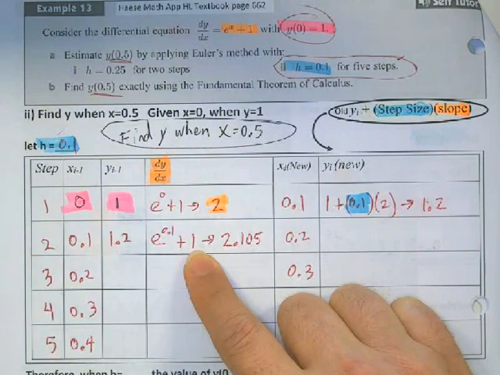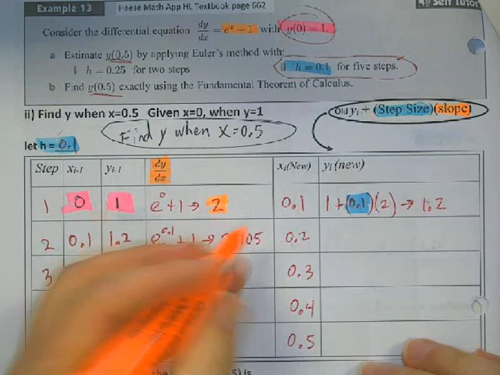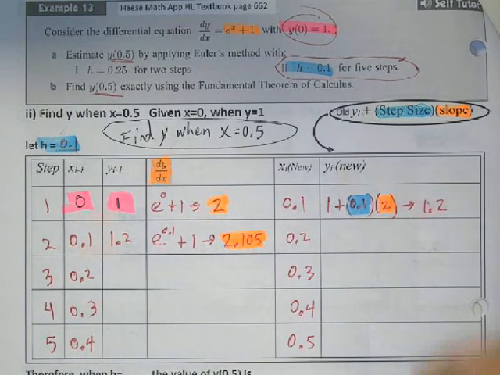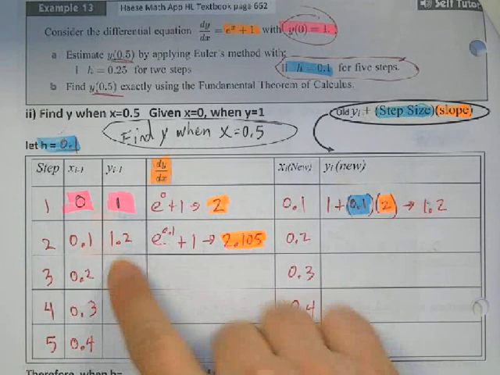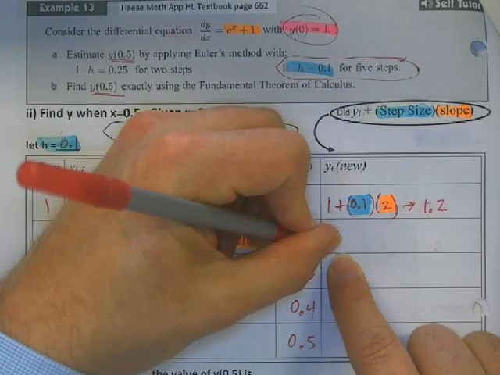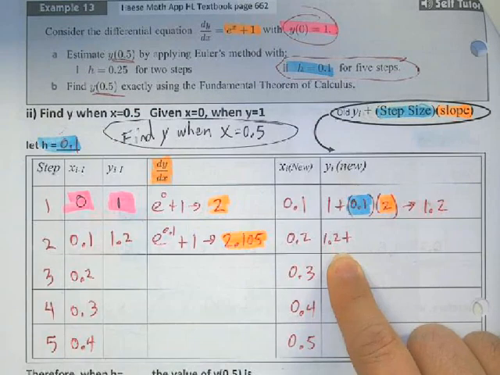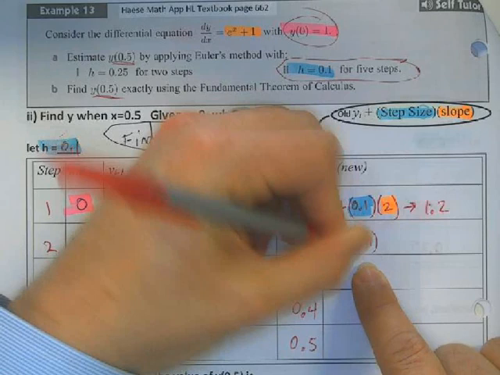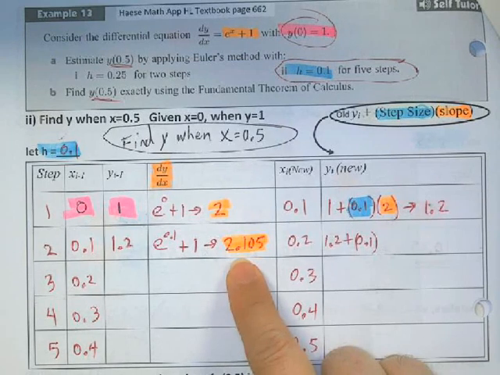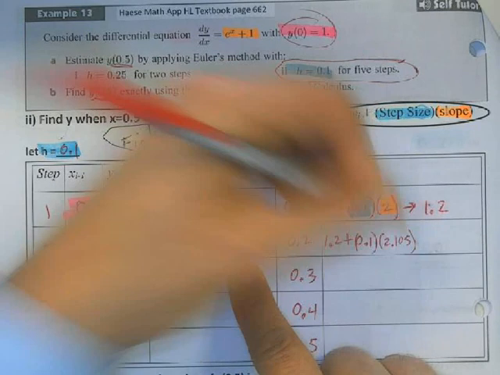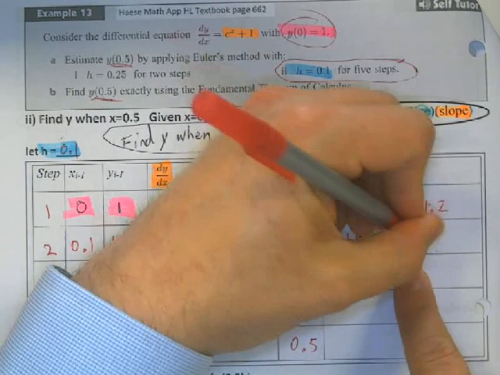Now I'm going to take my previous y value, the old y, which is 1.2, plus the step size, which is 0.1, times the new slope we just calculated, which is 2.105.